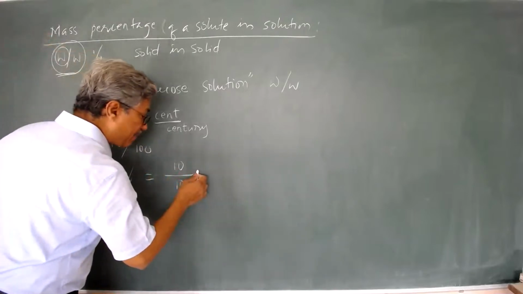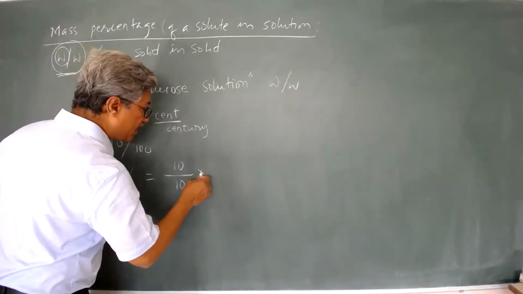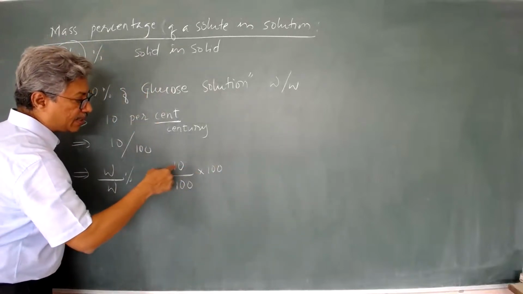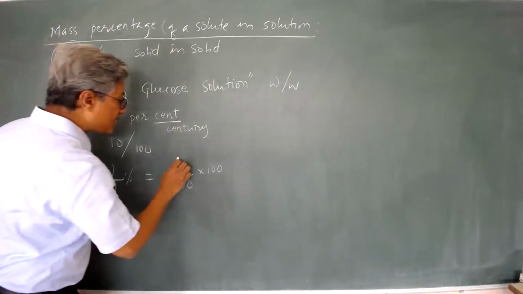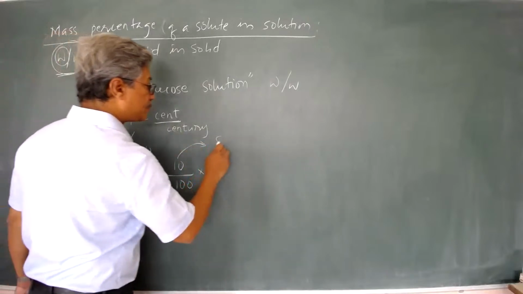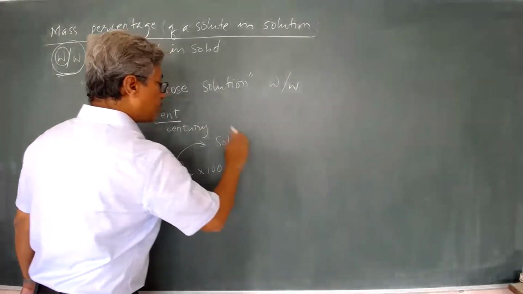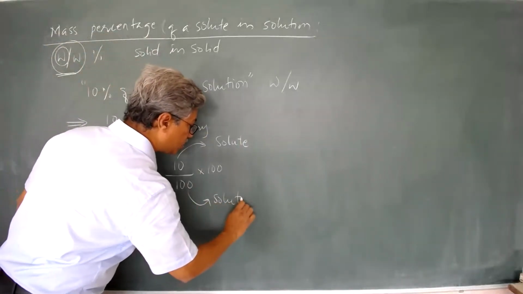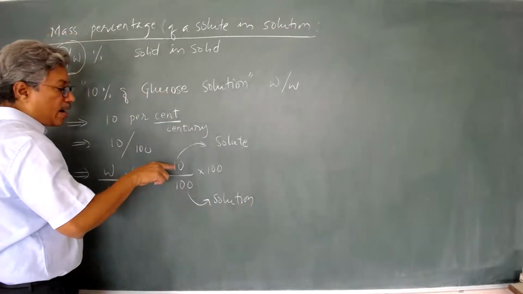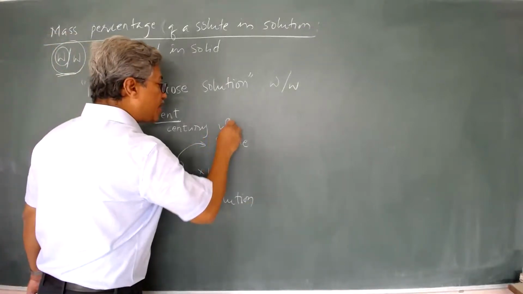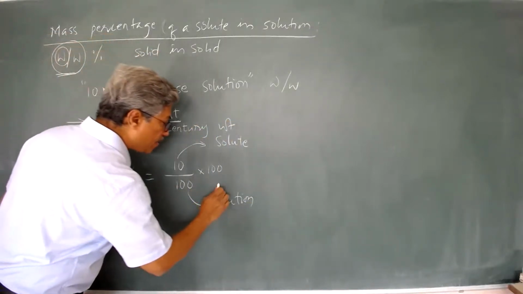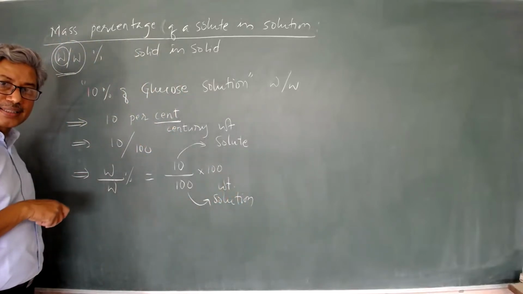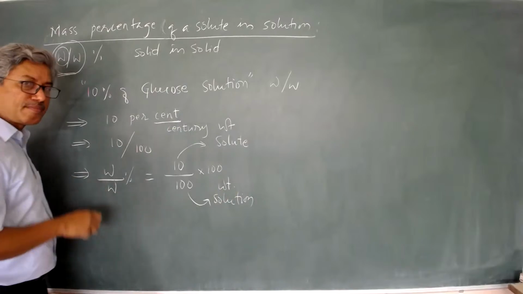If it is to be a percentage, then it should be multiplied by 100. Then 100 will get cancelled, so we get 10%. What is this 10? This is solute, the weight of solute. And this is the weight of solution. So can we prepare the definition for this?